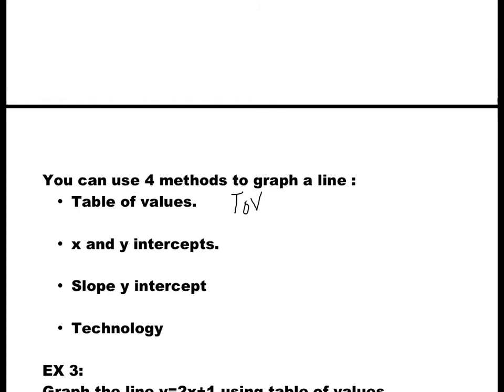The other one was x and y intercept. By definition, x-intercept is when y is equal to 0, y-intercept is when x is equal to 0. Then slope y-intercept, and then using technology. And you should be familiar with the first 3 methods for plotting a line.